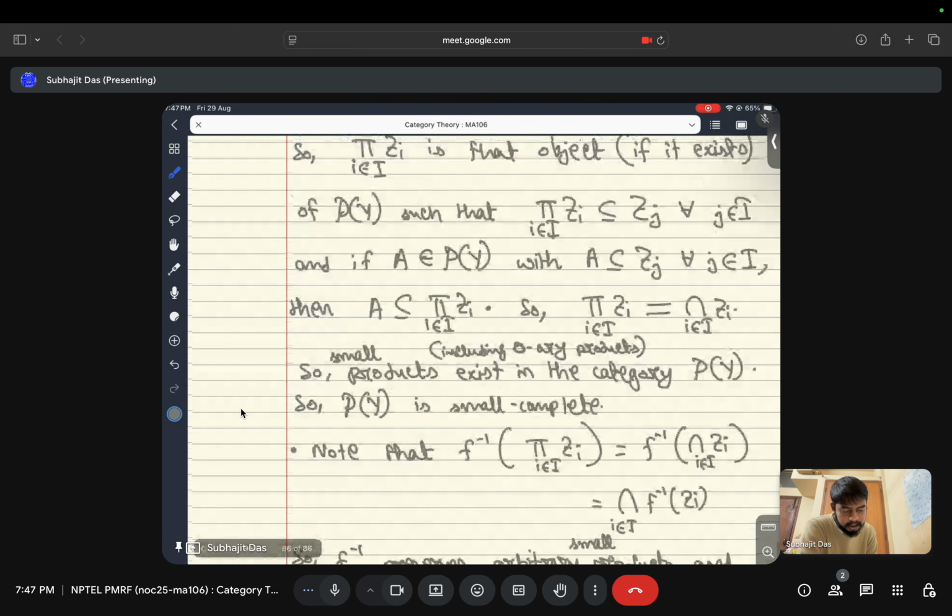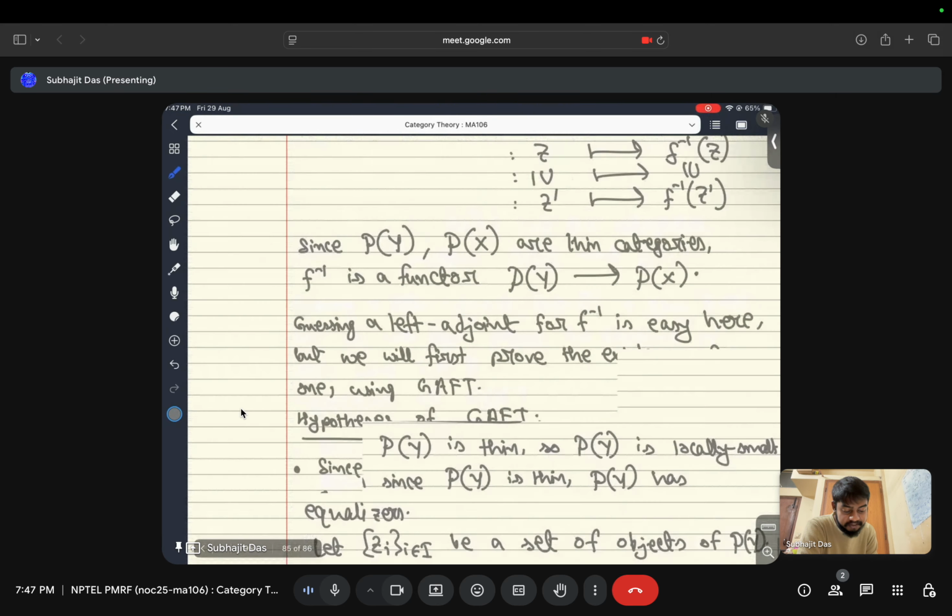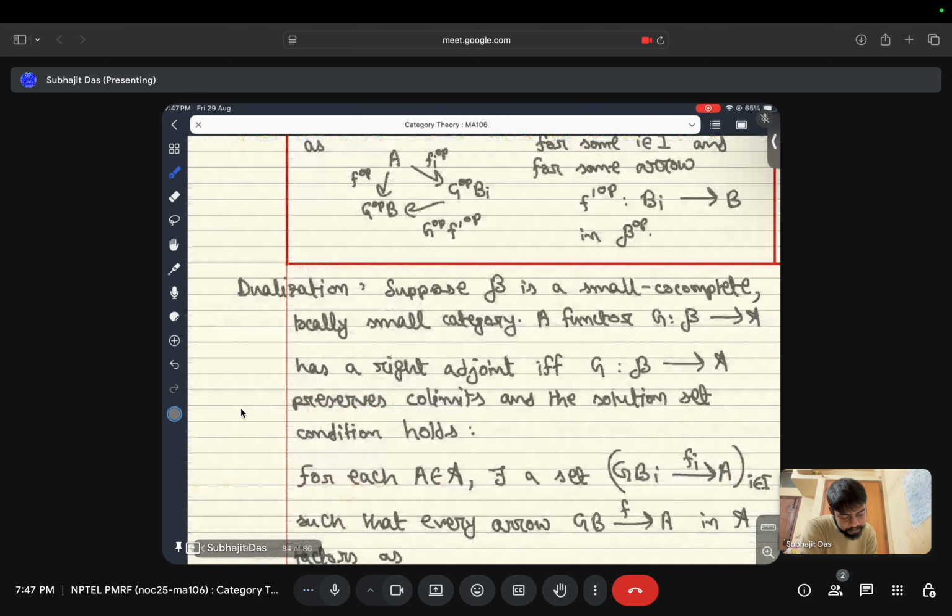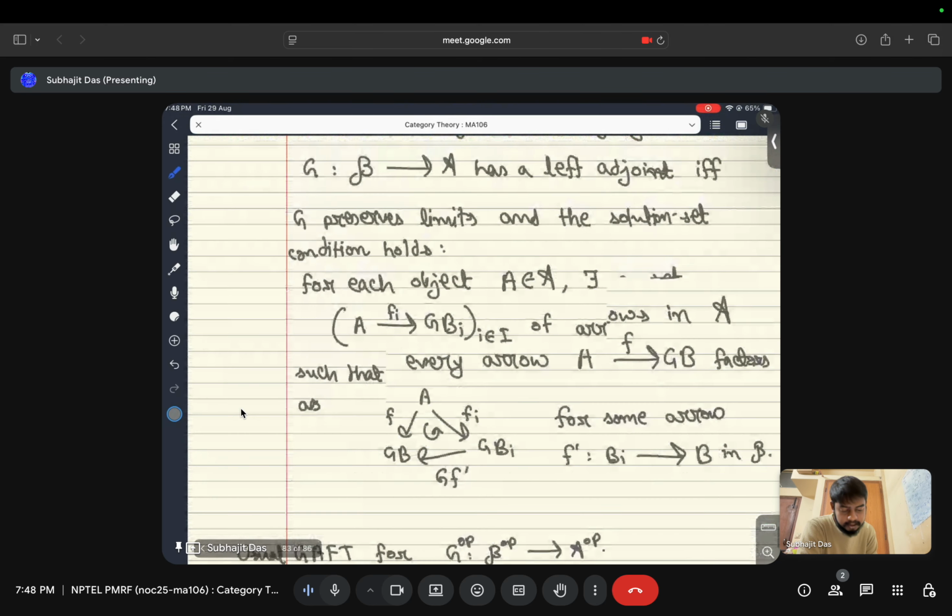Okay, so the last thing that one needs to verify is the solution set condition. Let's get back to our solution set condition.